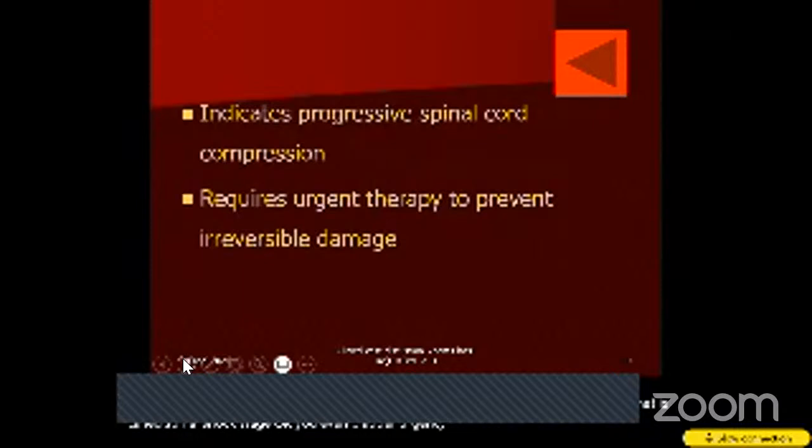So the surgery has to be done, the tumor has to be removed, to prevent damage.